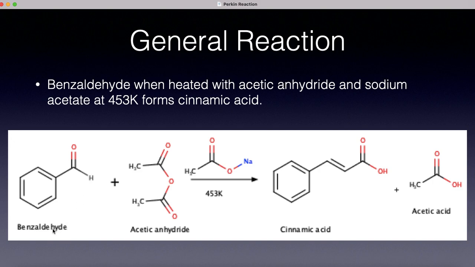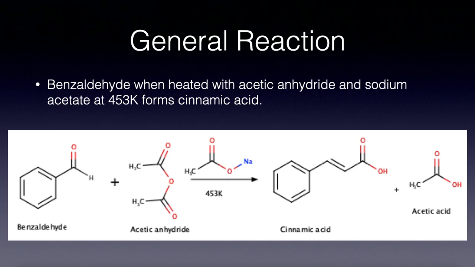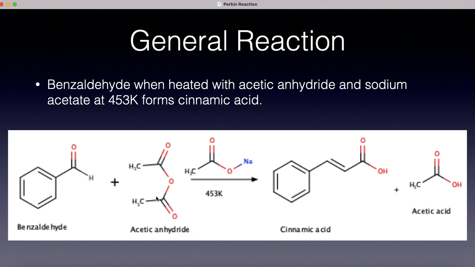We use the anhydride, acetic anhydride. This acetic anhydride is formed from acetic acid, and we use the base, sodium acetate. All these three compounds heated together at 453 Kelvin form cinnamic acid by Perkin reaction.